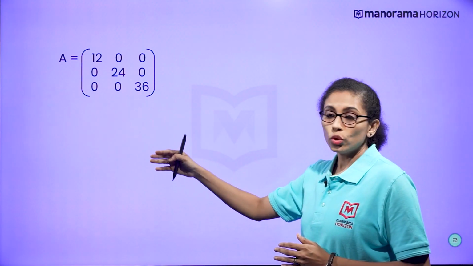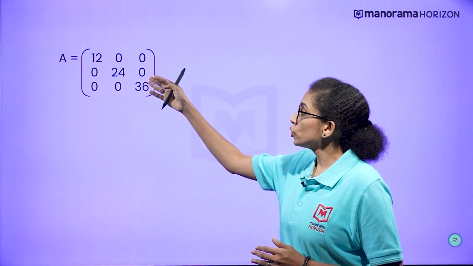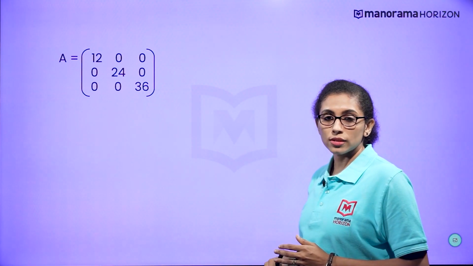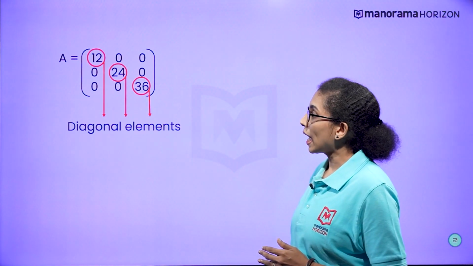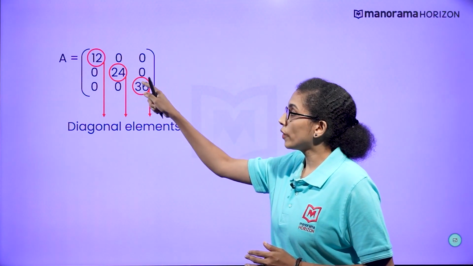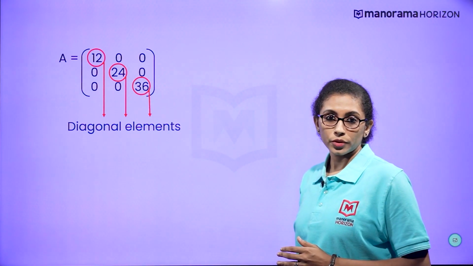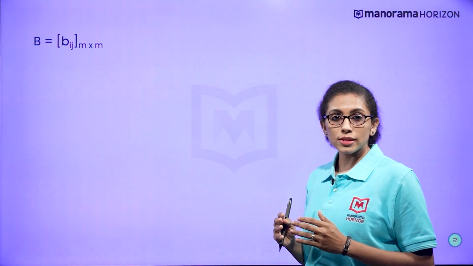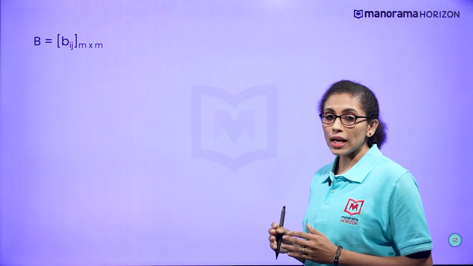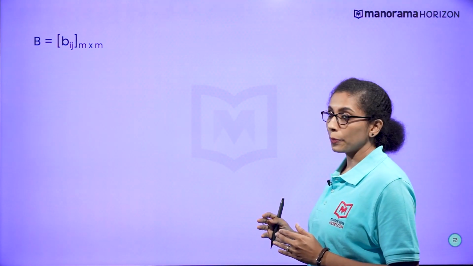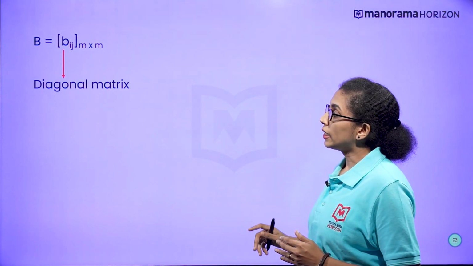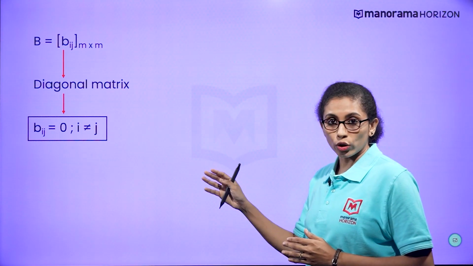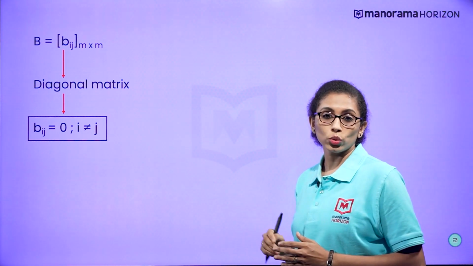Matrix A is equal to [12 0 0; 0 24 0; 0 0 36]. In this matrix, you can see the diagonal elements are 12, 24 and 36. In general, we can say matrix B equal to [Bij] of order m by m is said to be a diagonal matrix if Bij is equal to 0 when i is not equal to j.